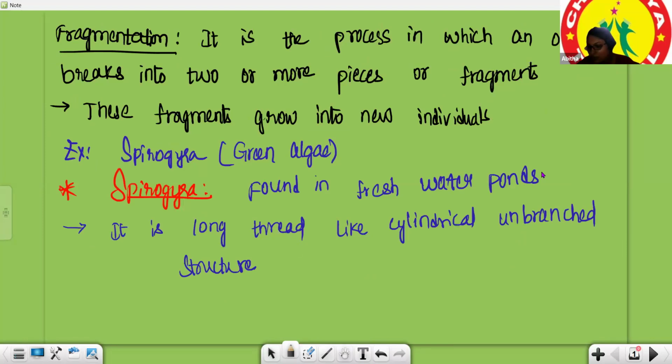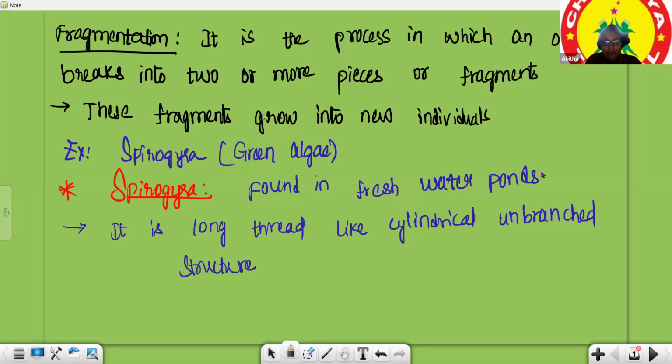Fragmentation is the process where fragments or pieces are formed from an organism because of certain conditions, like mechanical injury, favorable conditions, or dissolution of its wall. Because of this, small fragments are liberated, and these liberated fragments can give rise to new individuals.